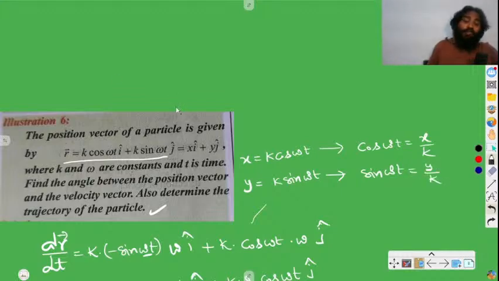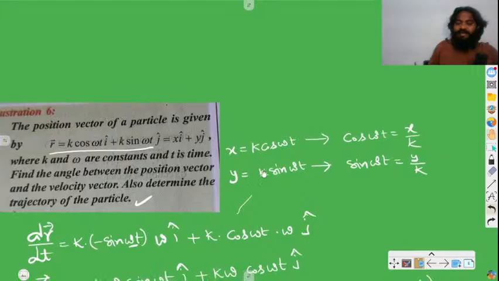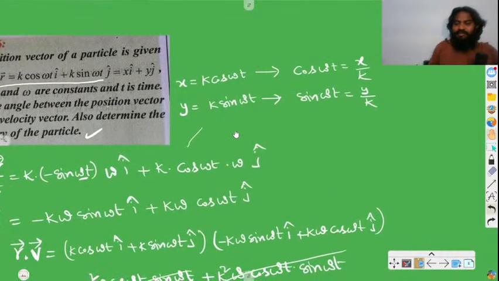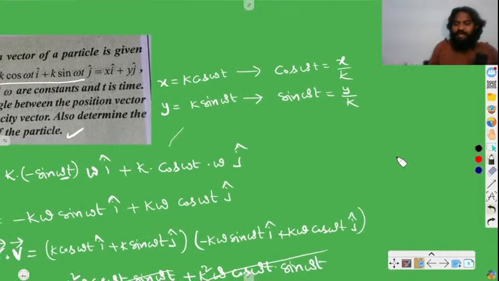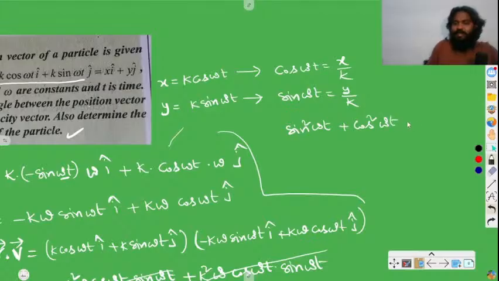And here I know very well one relation between these two. What is that equation? Sin square theta plus cos square theta is equal to 1. So sin square omega t plus cos square omega t is equal to 1. Now what is sin square?